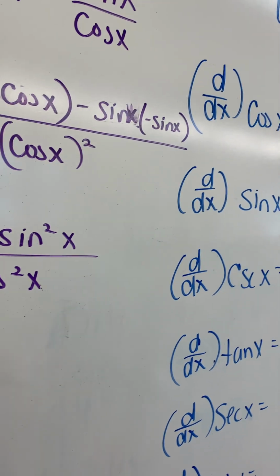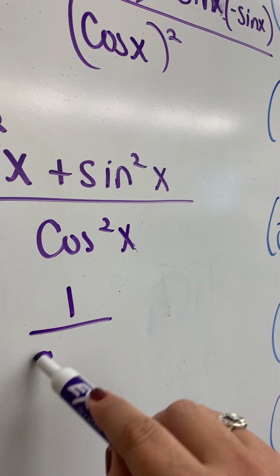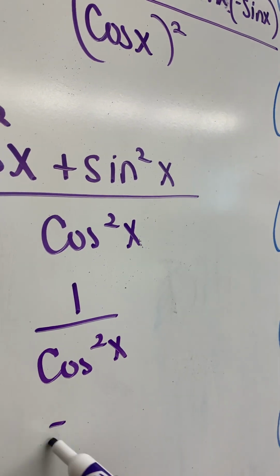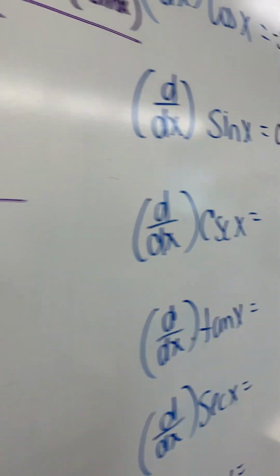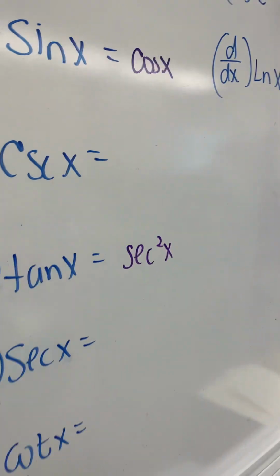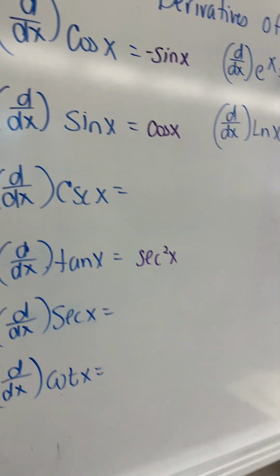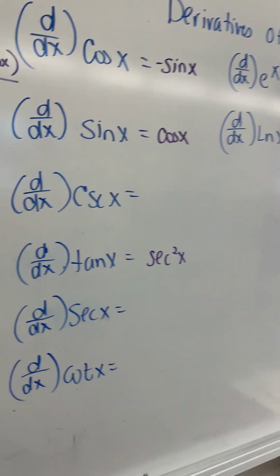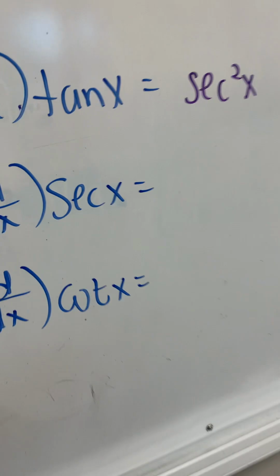What is cosine squared plus sine squared? 1. It's going to be 1 over cosine squared x, which is secant squared x. The derivative of tangent is secant squared x. And that's what a college professor will show you, especially with that one, with the proof of it. You can do the same thing for cotangent.